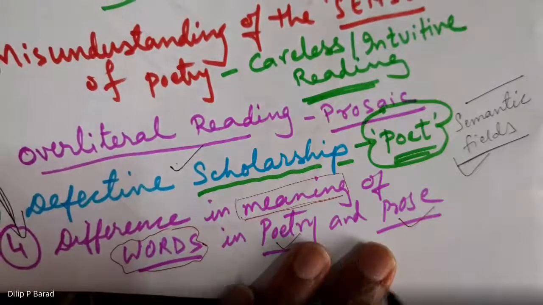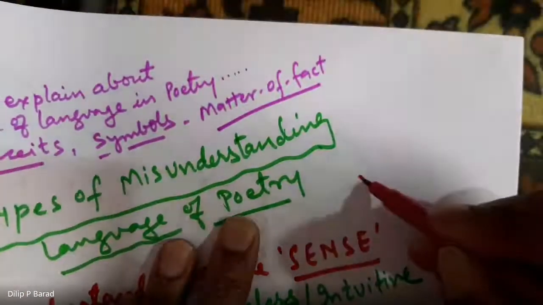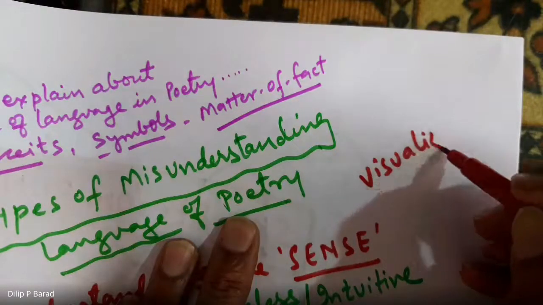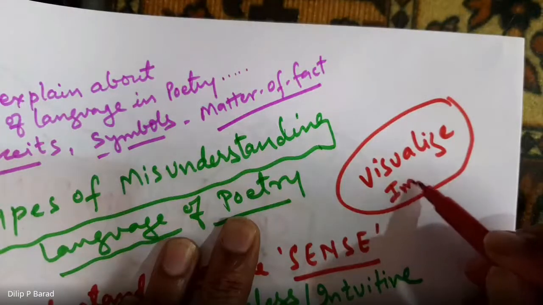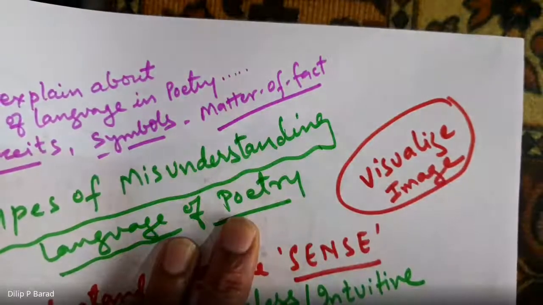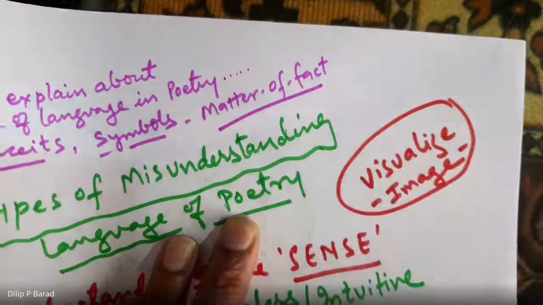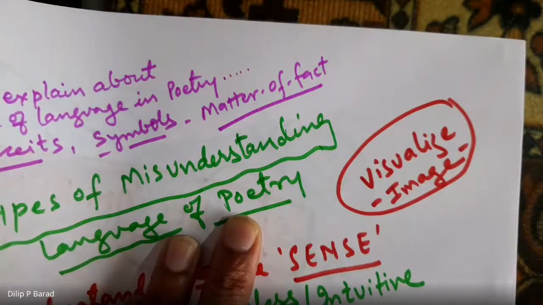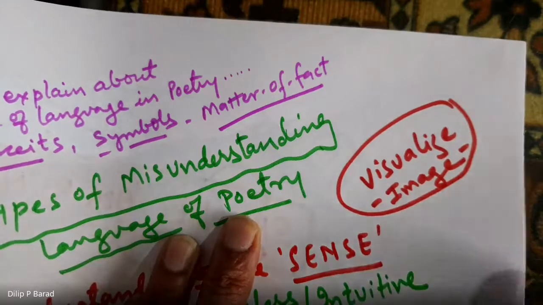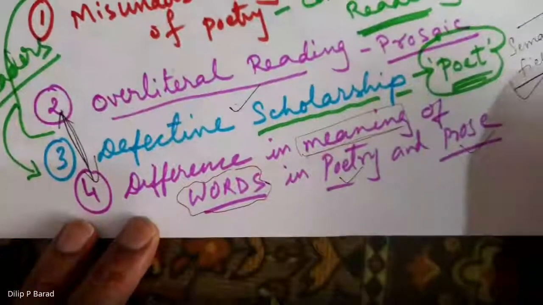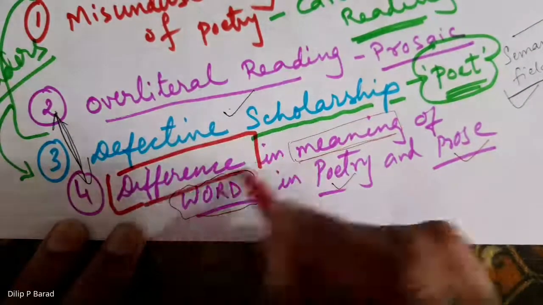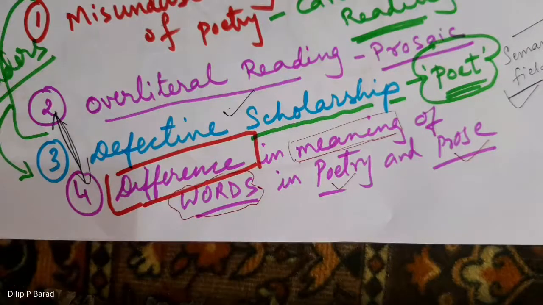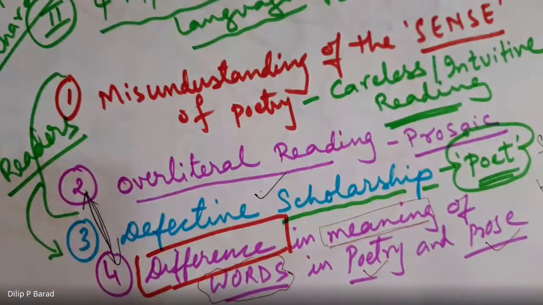The readers will not be able to visualize the image, and so it will become a hurdle, an obstacle in understanding the sense of the poem. And the final one is the difference in the meaning of words in poetry and prose, which plays a very interesting and vital role here.